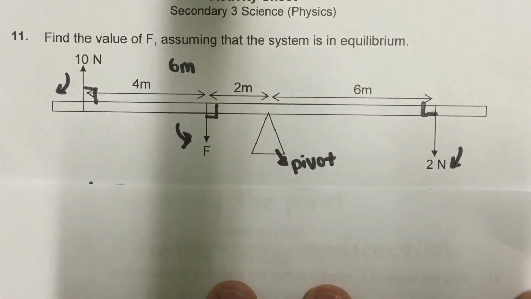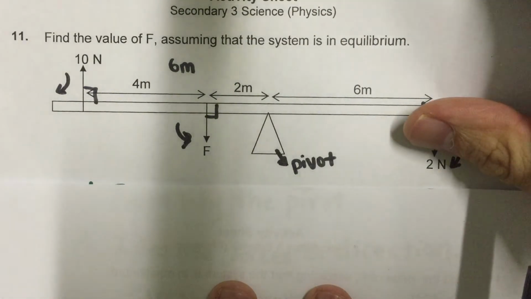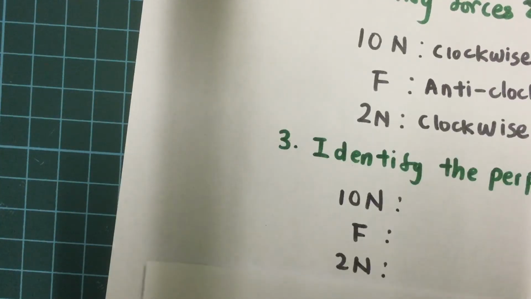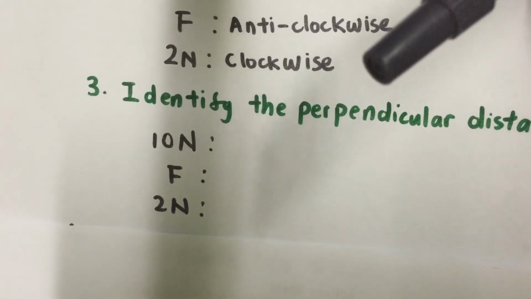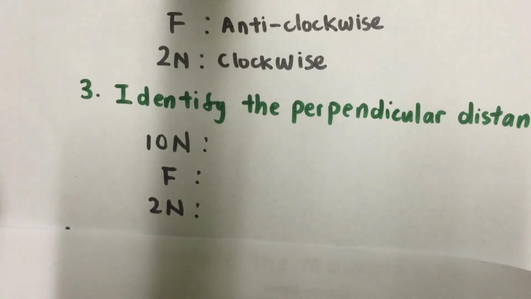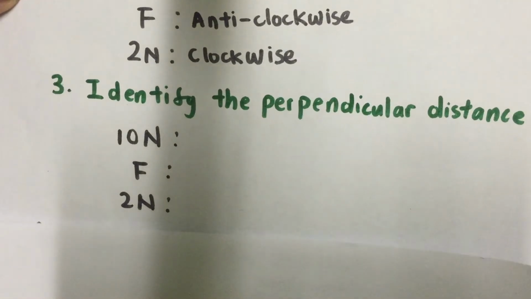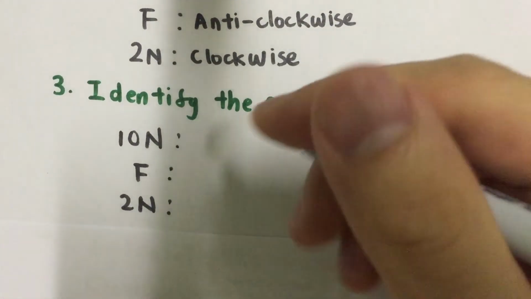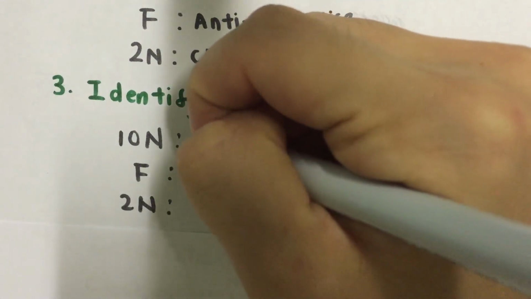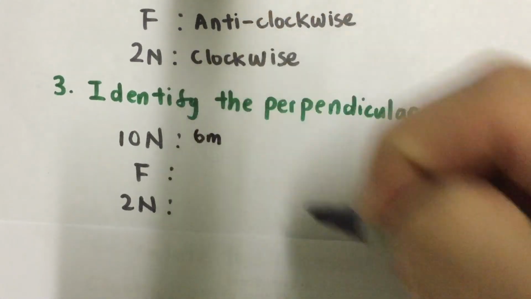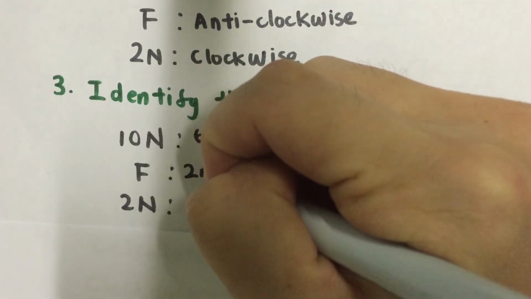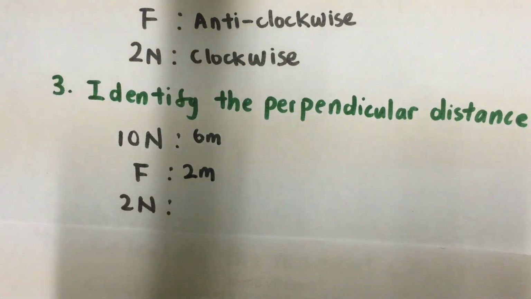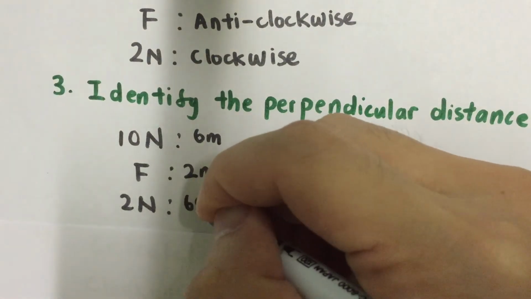The distance is 6 meters. So with all this information, let us fill it in right now. So 10 Newton will be 6 meter. For F, it will be 2, and for the 2 Newton, it will be 6 meter.